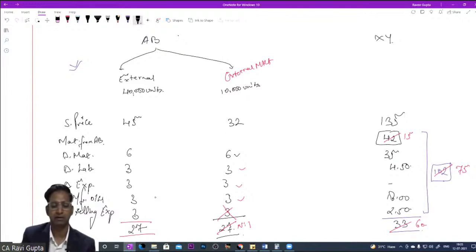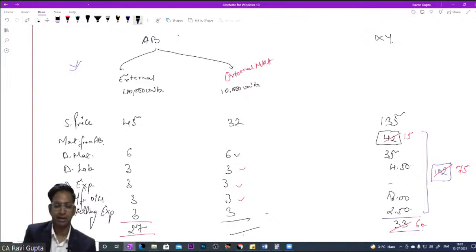So definitely when we are going to sell in the external market, this cost will be revised now. This cost is going to be revised by 3 rupees, and our contribution will be different, right?